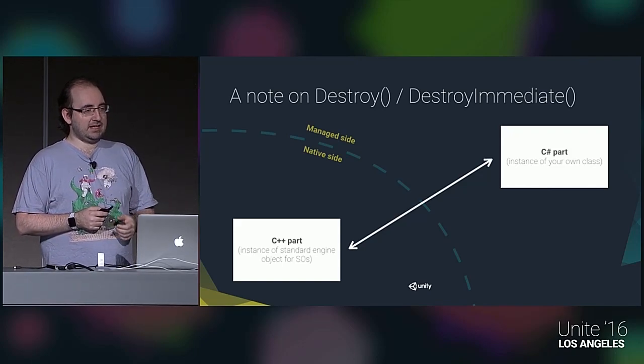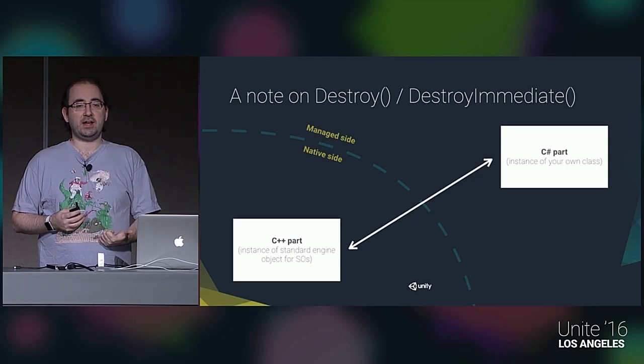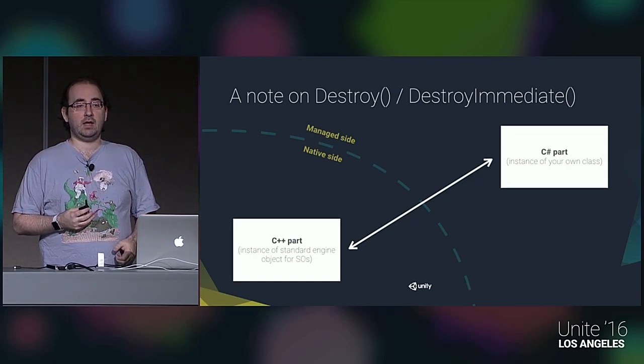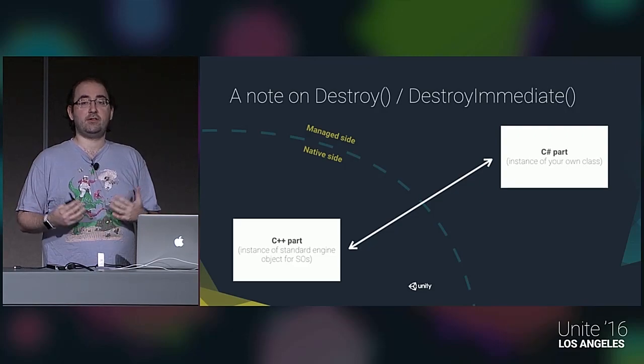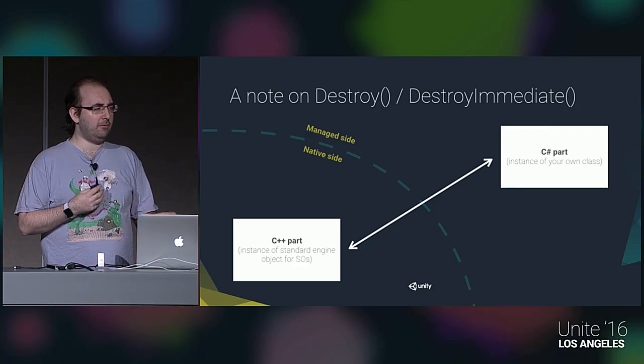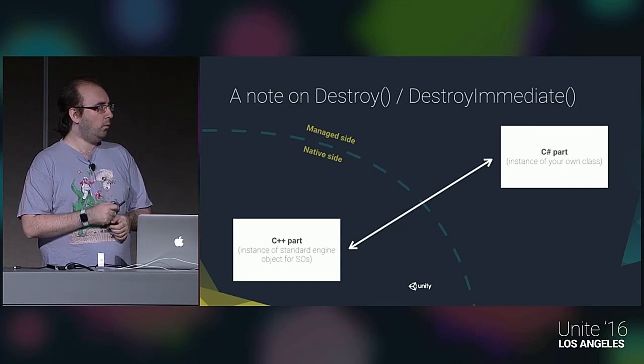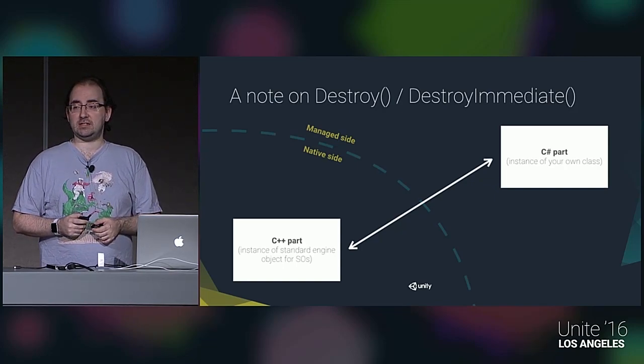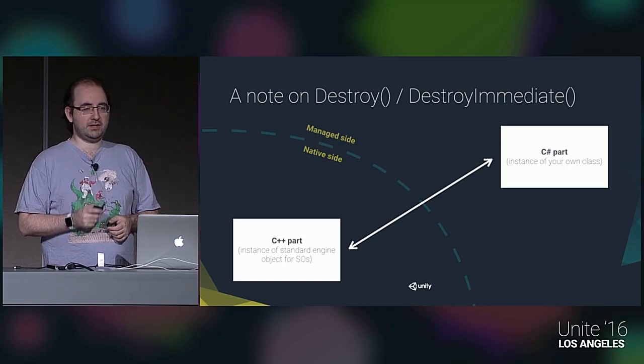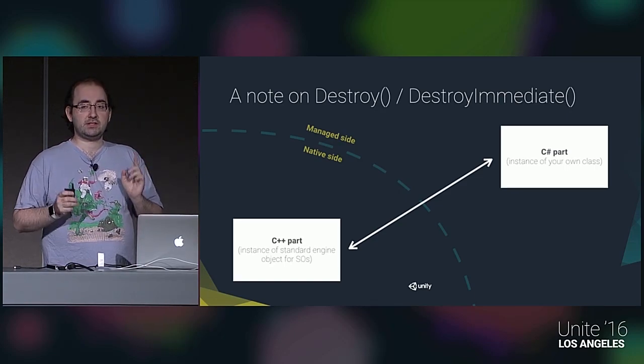The C++ part takes care of the identity of the object. It provides things like the instance ID. It takes care of referencing. It takes care of serialization. It takes care of making it available in the inspector, things like that. Now, when you call Destroy or DestroyImmediate, people assume that that kills off the whole thing. That's not what happens.